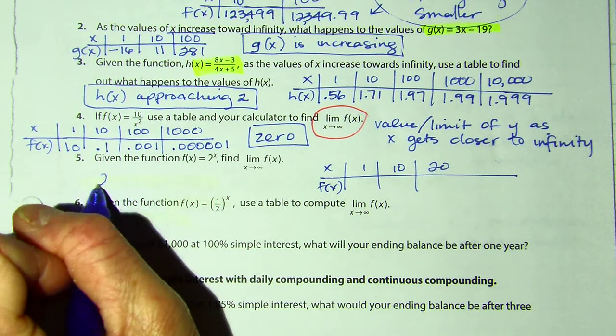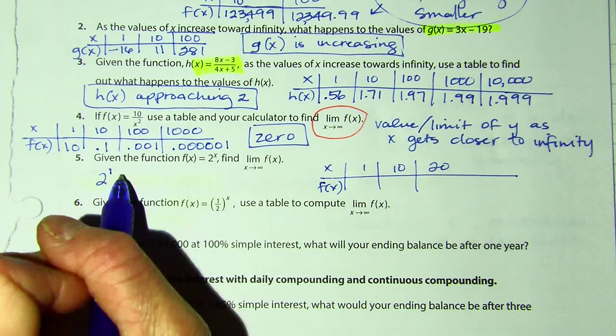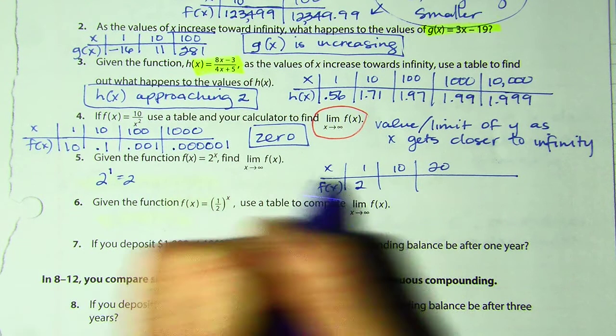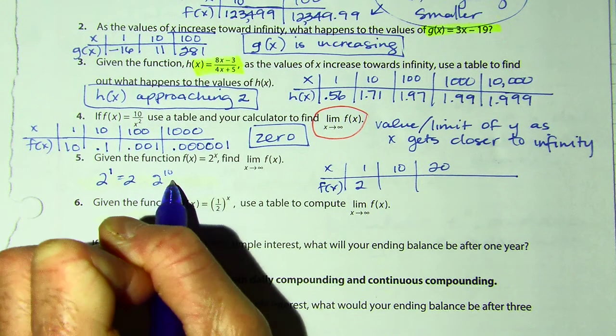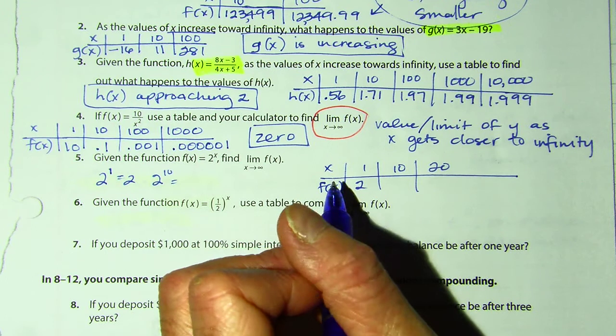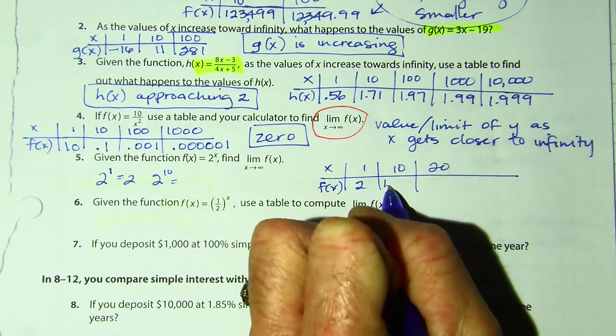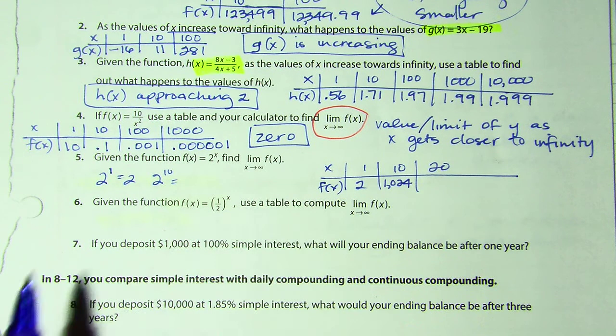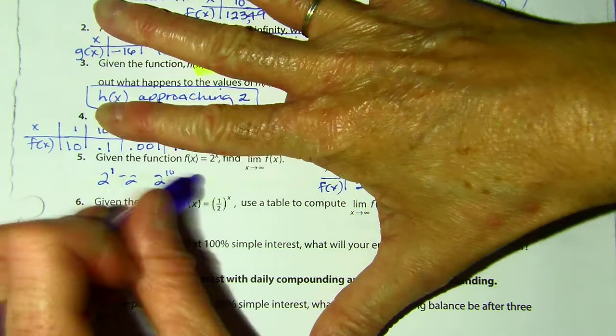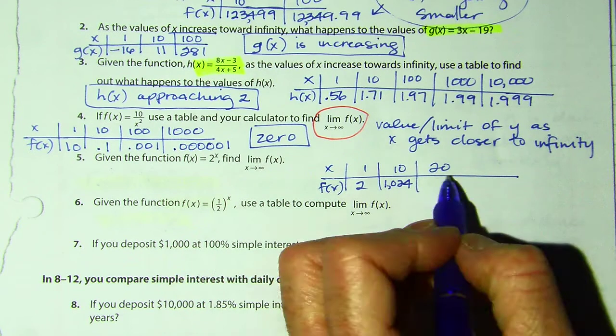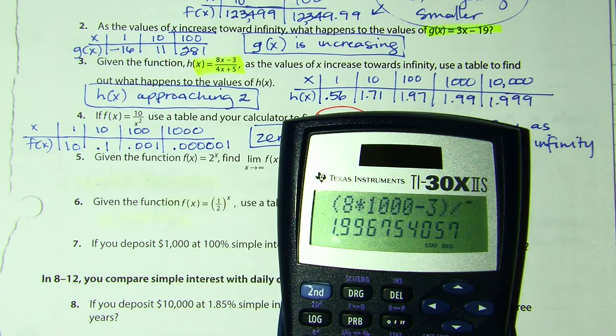So 2 to the first power, when I plug in 1, I get 2. 2 to the 10th, when I plugged it in, I got 1,024. 2 to the 20th, when I enter 20, so it would look like this, 2 to the 20th.